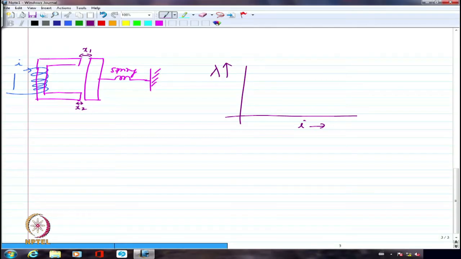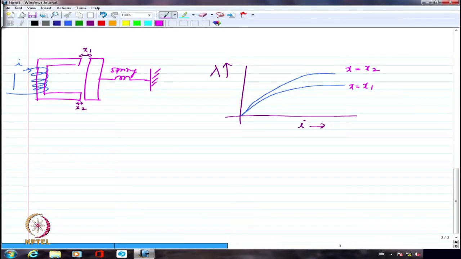So, for x1, if I draw a magnetization characteristic like this, for x2, considering that the air gap is lower, I should probably create a little bit higher flux or flux density, because the distance is decreasing, the air gap is decreasing, the reluctance is decreasing, because of which I should have the flux increasing slightly. So, this corresponds to x equal to x1, whereas this corresponds to x equal to x2.